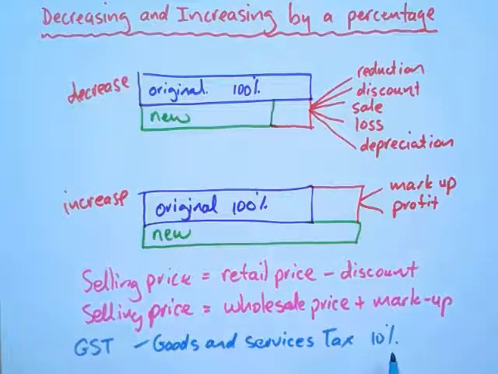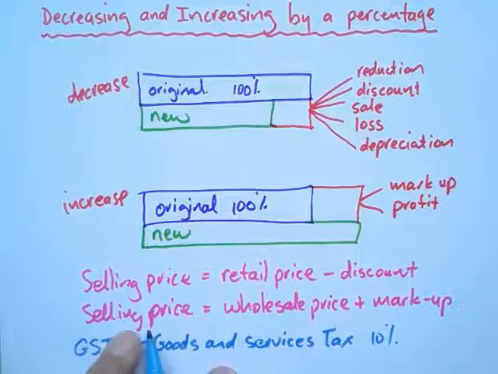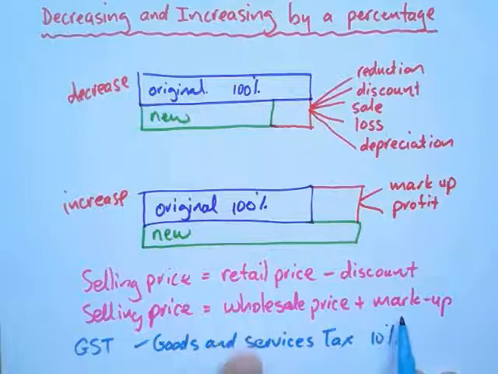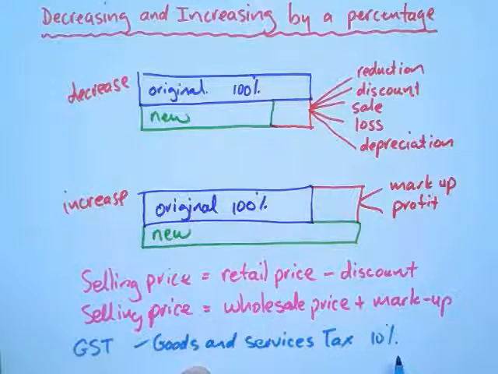So that is the 10% tax. In Australia, that's already added to the price. If you want to add that as a shop owner, you'll add that to your wholesale price. You'll add the 10%, and then you'll have the markup, but we will probably not touch much of that. Okay.